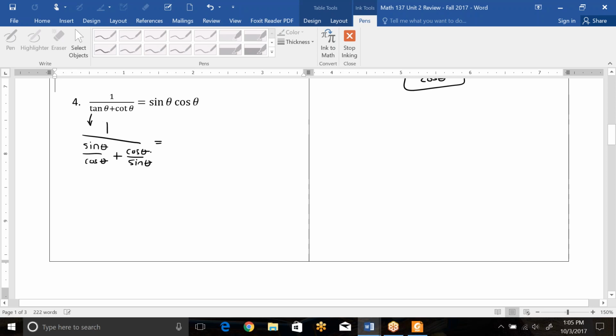Then we try to get a common denominator in the bottom, so I would multiply the first fraction by sine over sine. Kind of seeing a theme here. The second fraction I would multiply by cosine over cosine, and I would add them together.